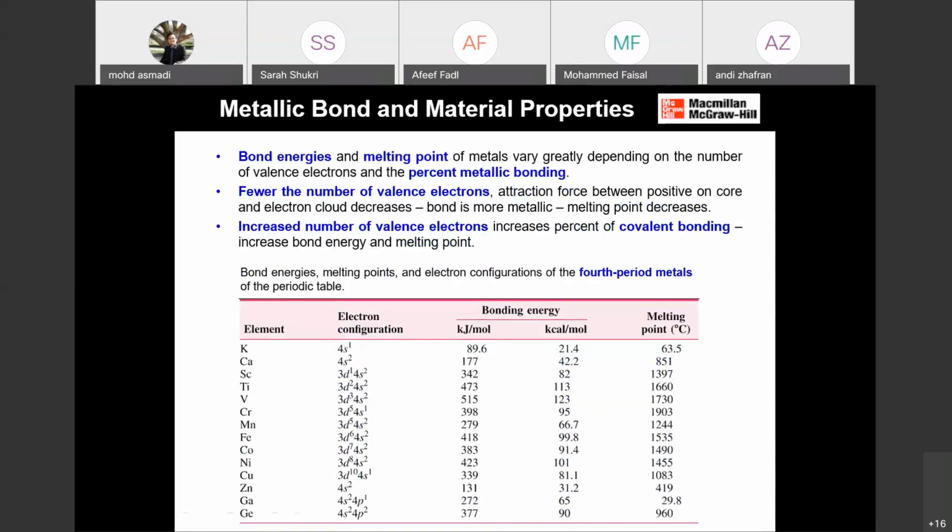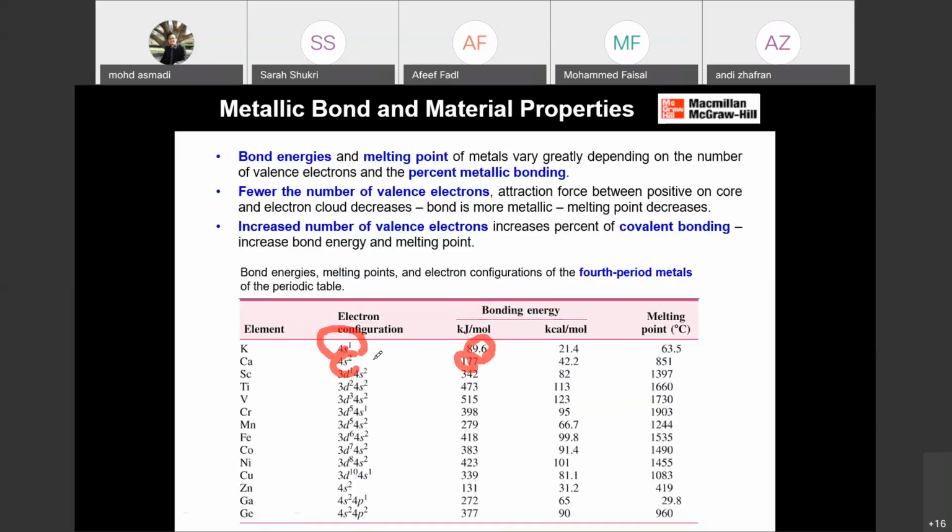The bond energy and melting points vary greatly depending on the number of valence electrons. The fewer the valence electrons, the attraction force between the positive ion core and the electron cloud decreases. While an increased number of valence electrons increases the percentage of covalent bonding. So if we compare the bonding energy, like calcium and potassium, calcium has 4s2 and this one has 4s1.